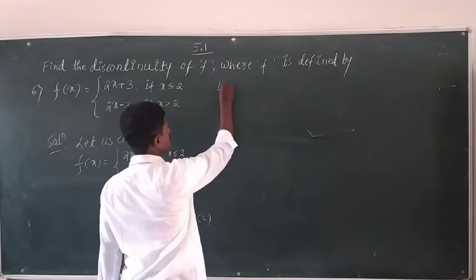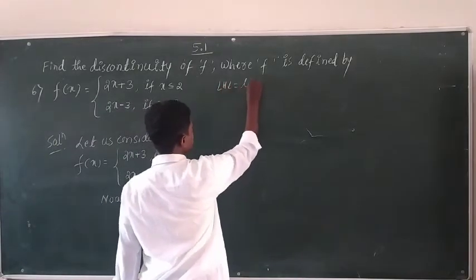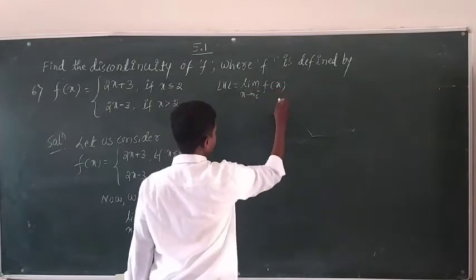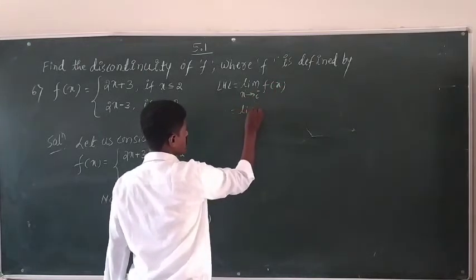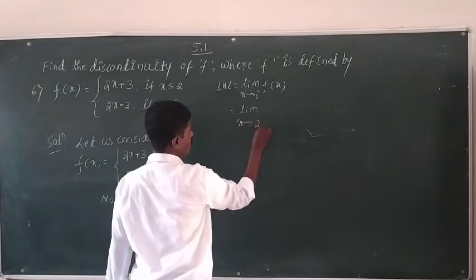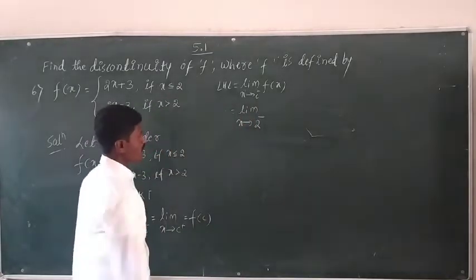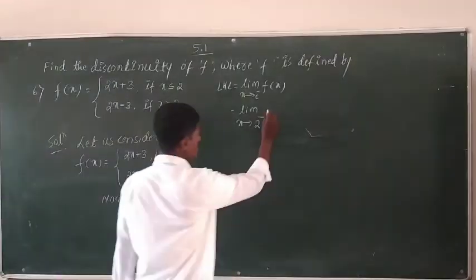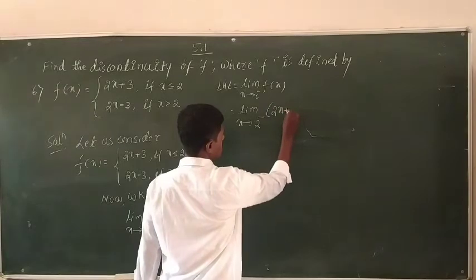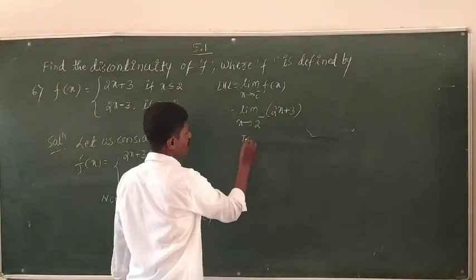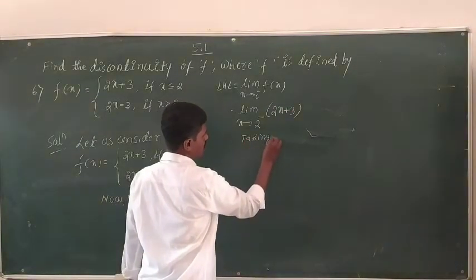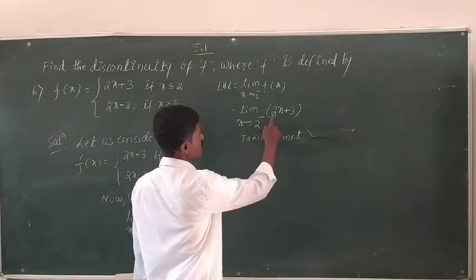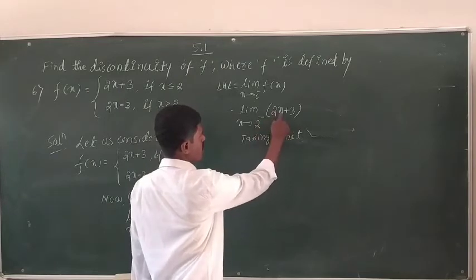Here we have to check LHL, which is the limit as x tends to c minus f of x. This is the limit as x tends to 2 minus, because the limit is 2 here. When x is less than 2, the function is 2x plus 3. Taking the limit means put 2 in place of x.